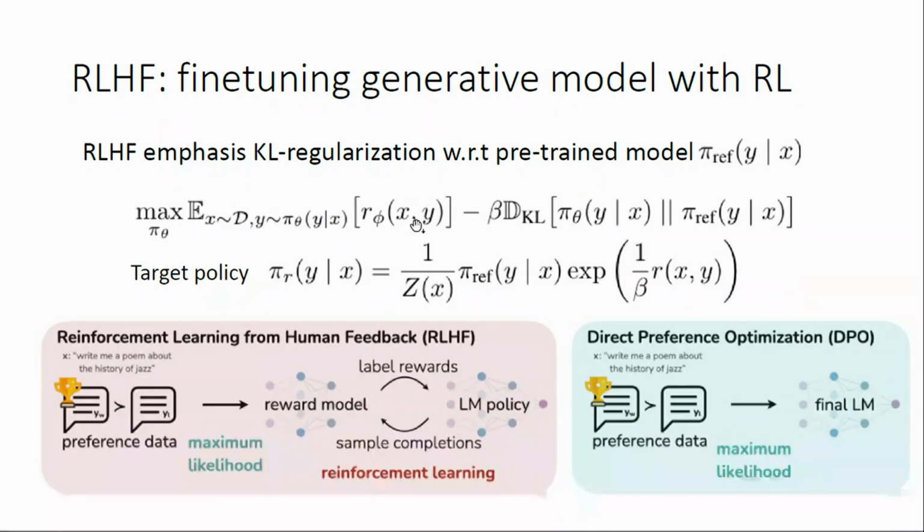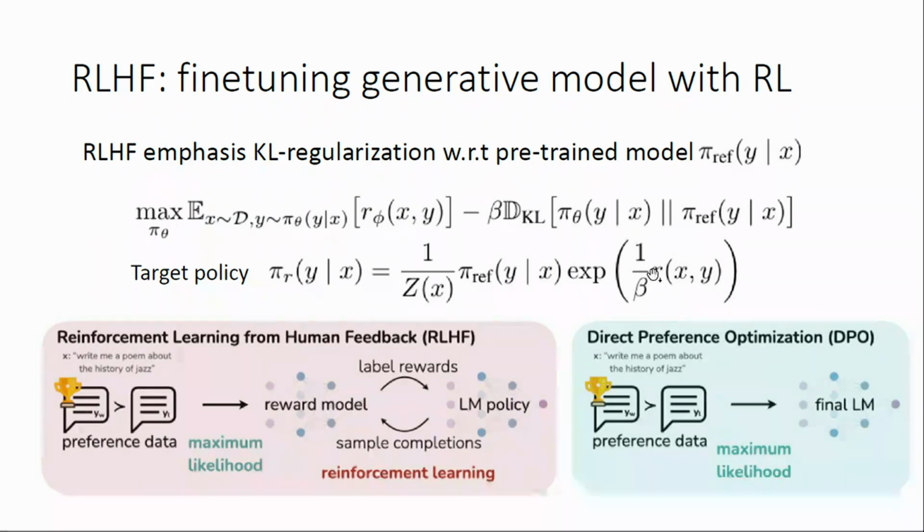Luckily, this formula here has a closed-form solution where we can prove that if we truly want to solve this problem, the target policy pi_theta, or the optimal policy, should be in this form, which is effectively a weighted version of our current reference model, where the weight is some kind of energy-based model defined over the reward.